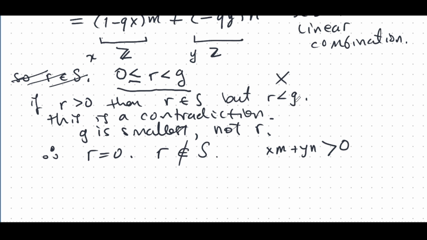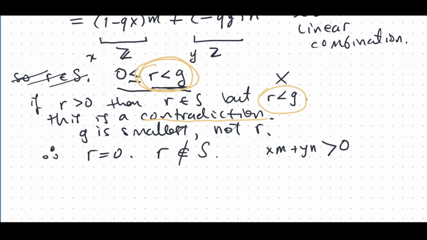If R was greater than 0, it would be in S. And if it is in S, it would be less than G because of this part here. Because of this, it would be less than G and in S, and that's a contradiction. So we cannot have that. In fact, R must be 0.